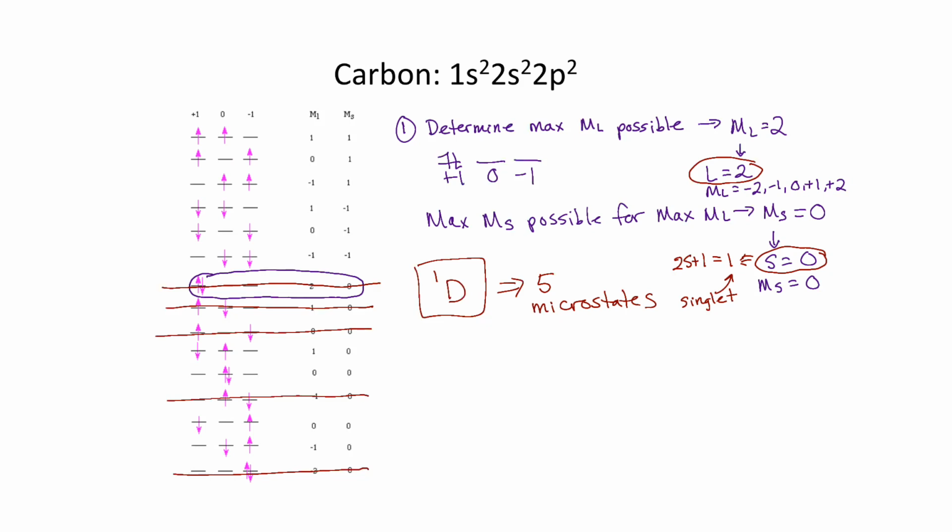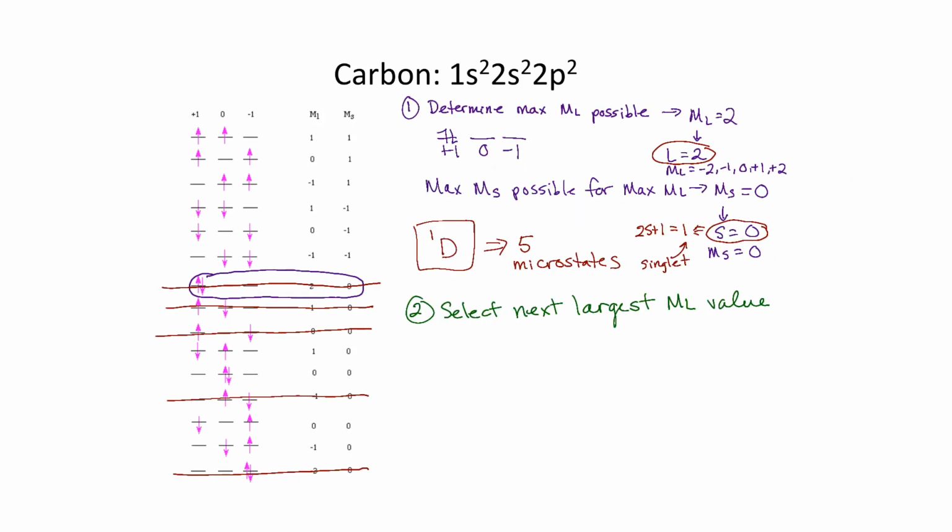So when all is said and done, we should end up with term symbols that account for all 15 of these microstates. The specific placement of those microstates within the terms sometimes is unfortunately a little bit arbitrary, and I know that's a little bit unsatisfying, but we just have to come to terms with that and move on.